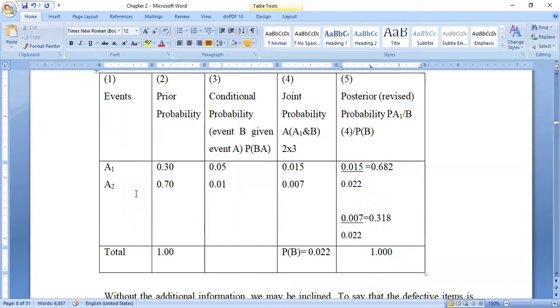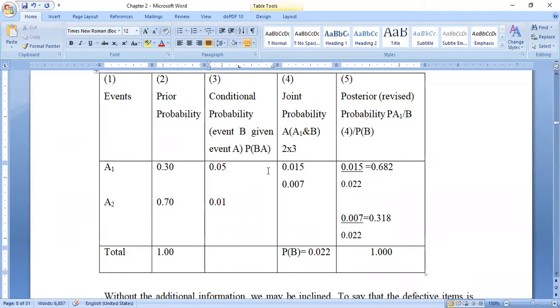So here A1 stands for machine 1, A2 stands for machine 2. This is machine 1 information, 0.30 output, and A2 0.70 output, and the conditional probability, the defective items 0.05 and 0.01 for machine 2.